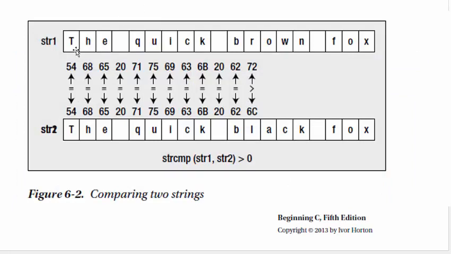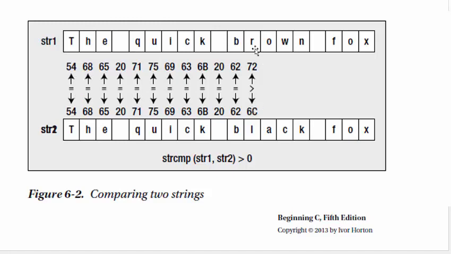I have a string right here. String 1 is "the quick brown fox," and string 2 is "the quick black fox." But each one of these characters is stored in ASCII code in your computer. So a capital T is a 54. I have this in hex right now, because I can tell there's a B right here. And so these are exactly equal until we get to this letter right here.